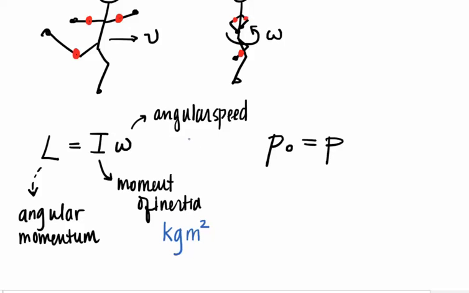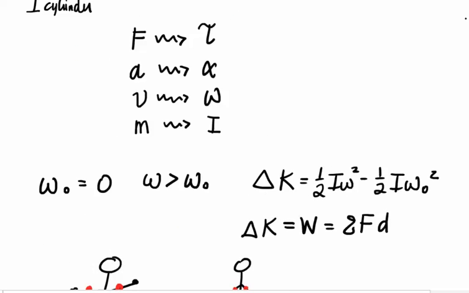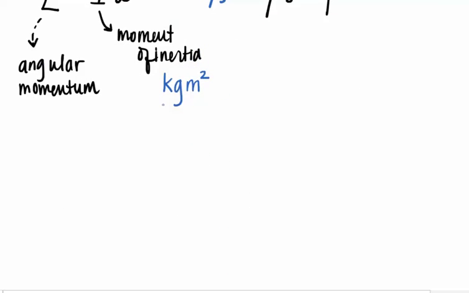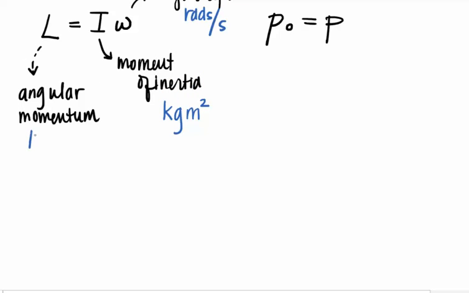What about angular speed? Omega, radians per second. And remember, radian really isn't a unit, it's just a word. It can be per second, just fine. And so our unit for angular momentum should be kilogram meter squared per second.